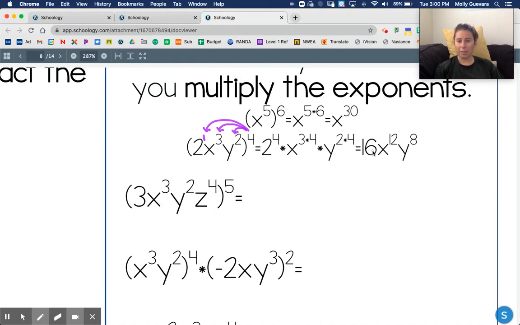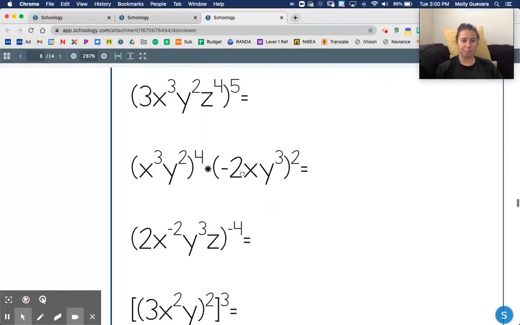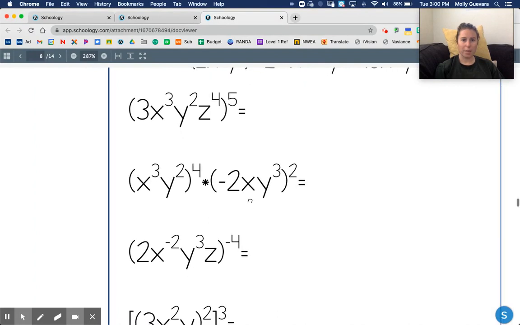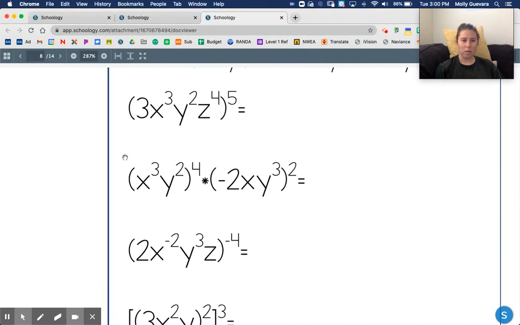And then I'm able to actually simplify that out. 2 to the 4th is 16, 3 times 4 is 12, and 2 times 4 is 8. So we just want to make sure that we're really careful with our numbers here. And I'm not able to fit all of these on 1, so we'll make it work.